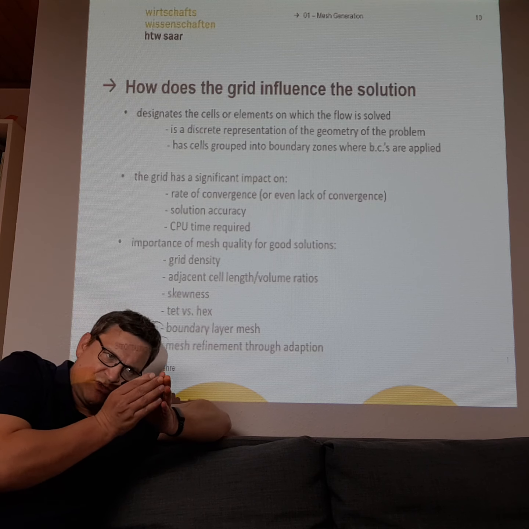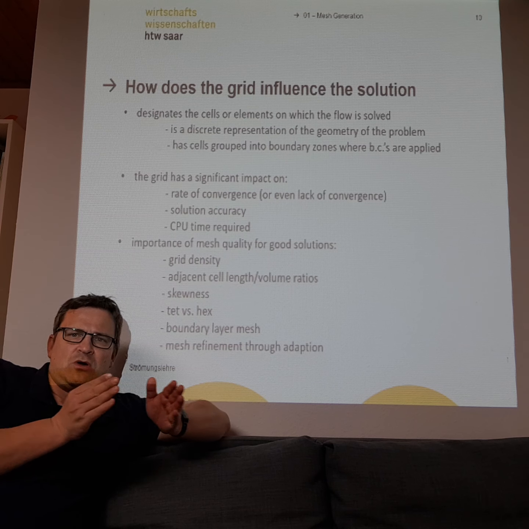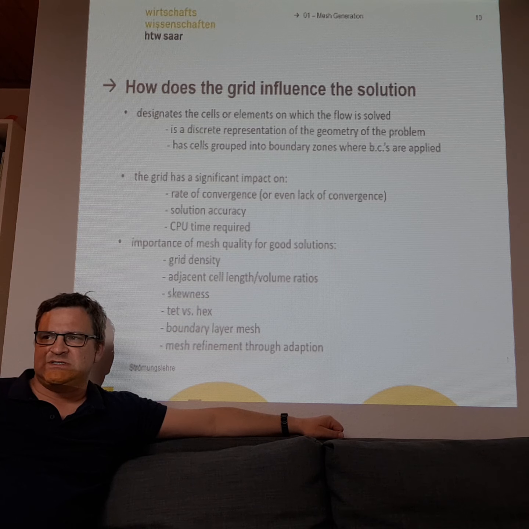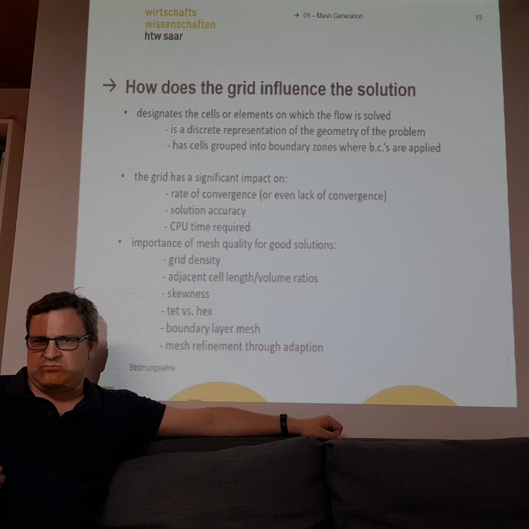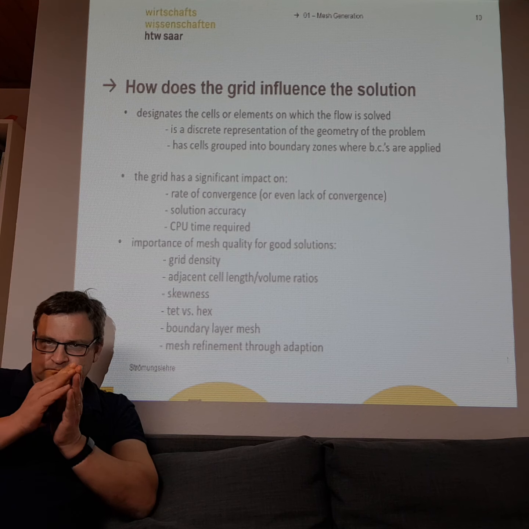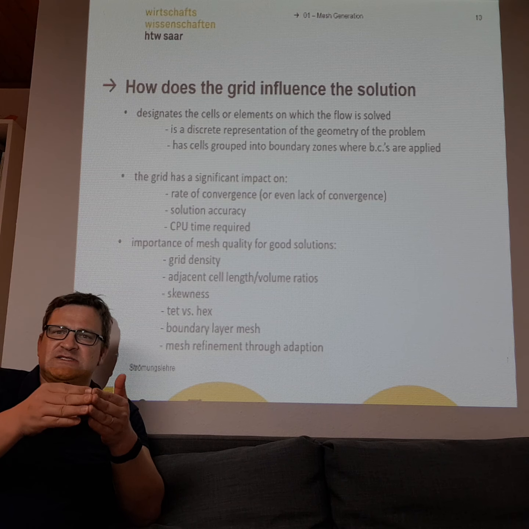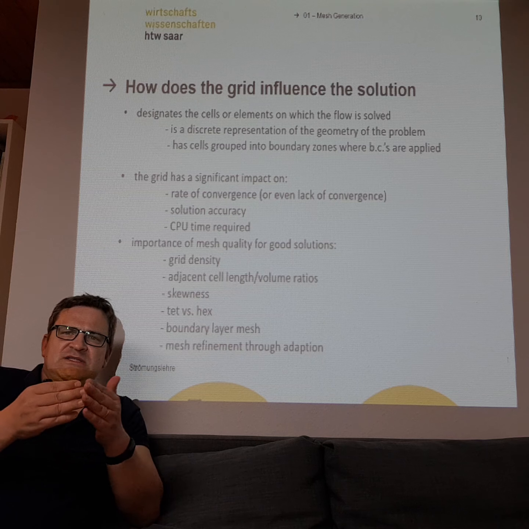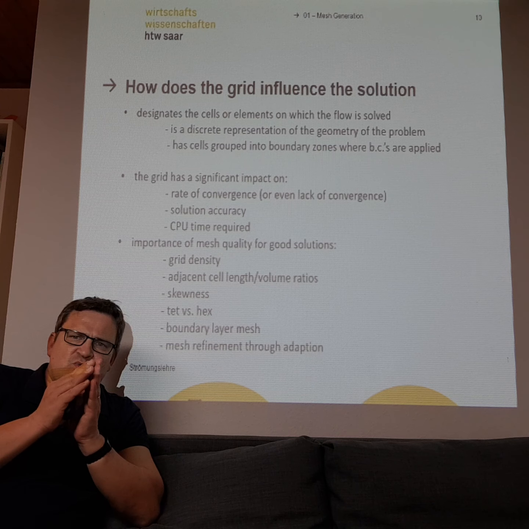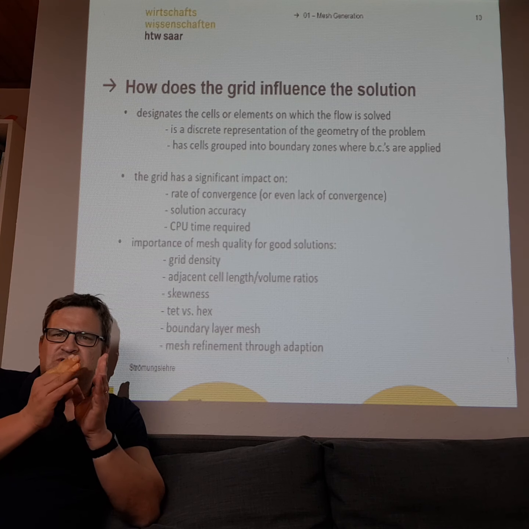You have to spend more resolution on these long, thin cells. Also, skewness is a problem. Do we have very sharp angles? 90-degree angles are always the best. But if you have really sharp angles, quality will not be so good.